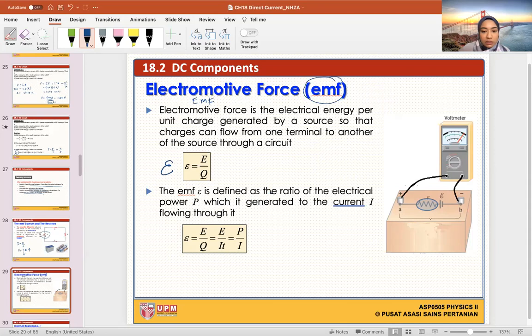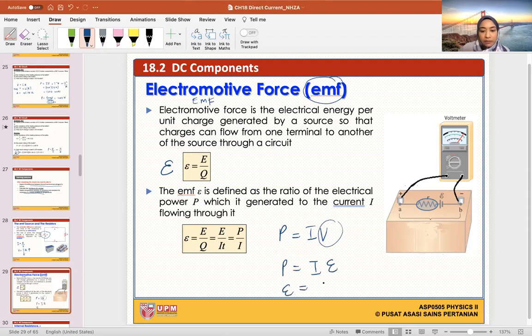An EMF is defined as the ratio of electrical power which it generates to the current I flowing through it. We know that power equals IV, but that is the voltage of a battery. For EMF, you just substitute the symbol for EMF.